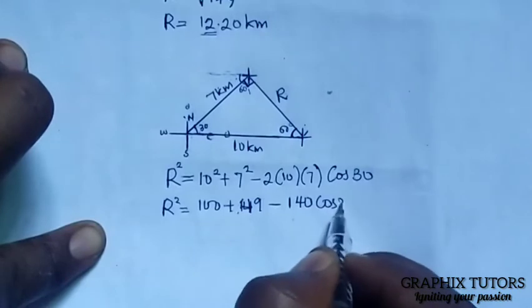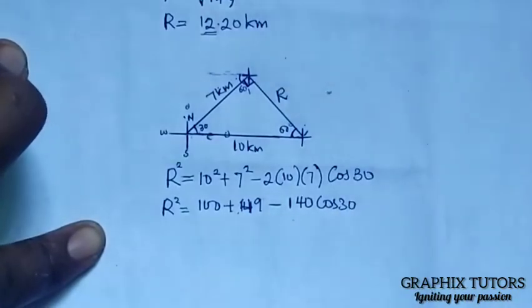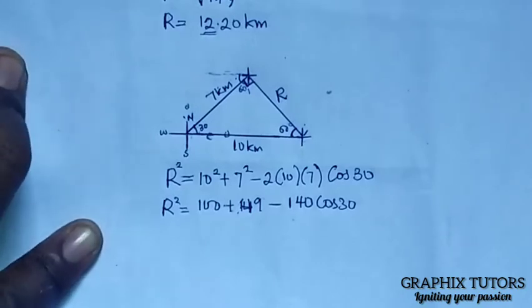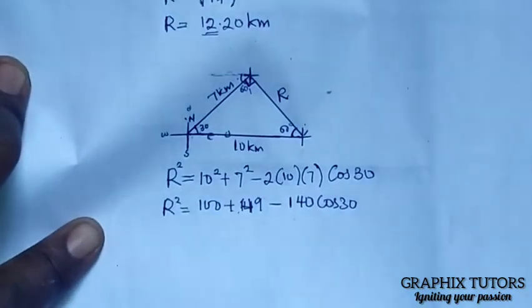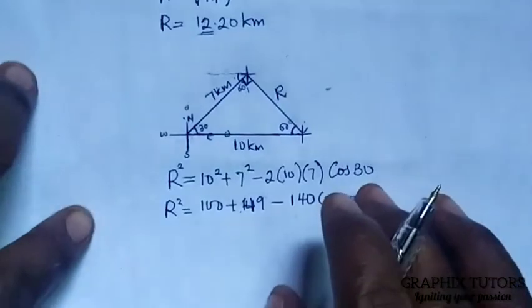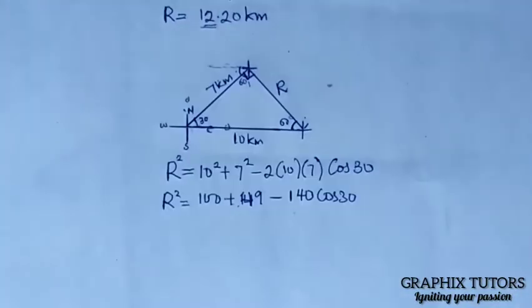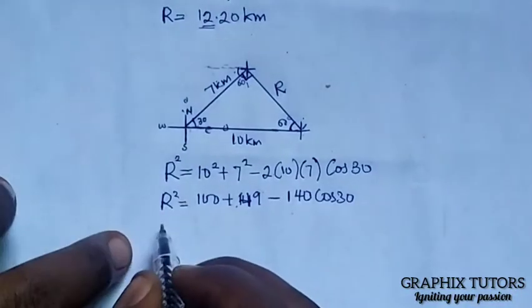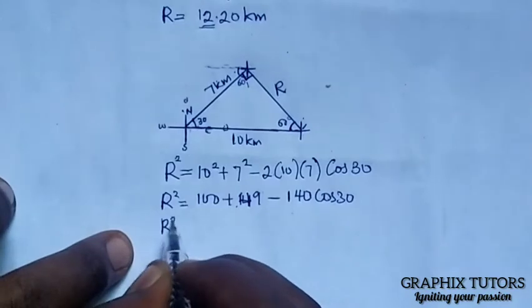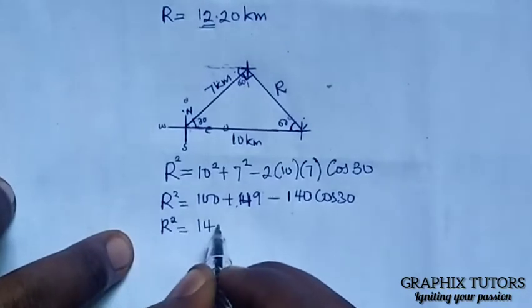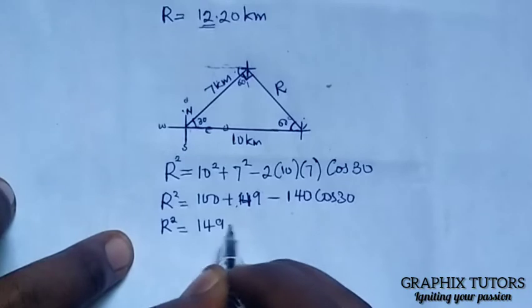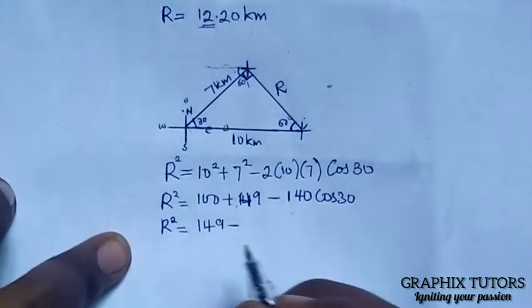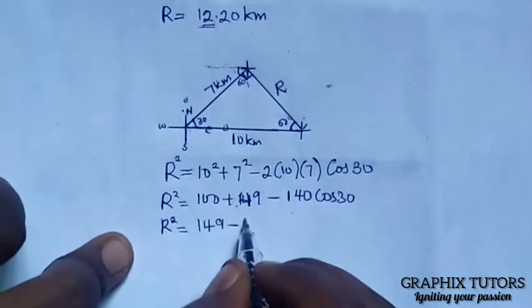cos 30. So when you put it on the calculator here, you're having 20 times 40. We're going to be having the R square is equal to 149 minus 121.24.